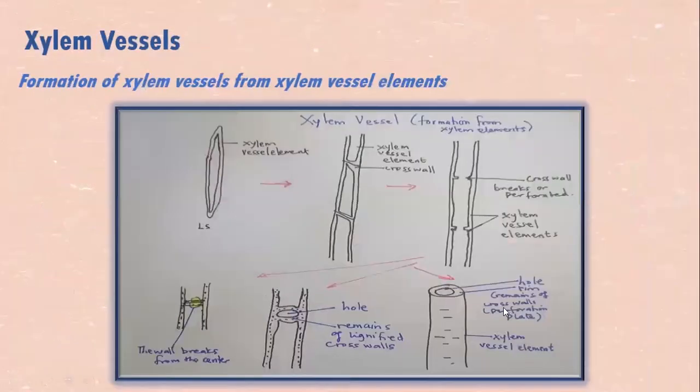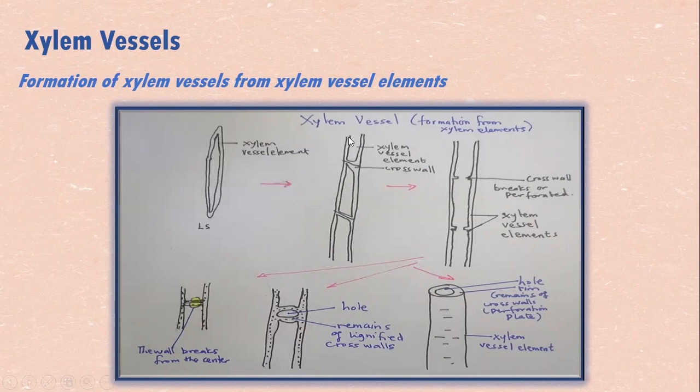Well, now we want to look at xylem vessels. And for xylem vessels, we want to first of all look at how a vessel is formed. The xylem vessel, a long tube, is formed from cells. These cells are elongated, with tapering ends, all right? And one cell is called the xylem vessel element.